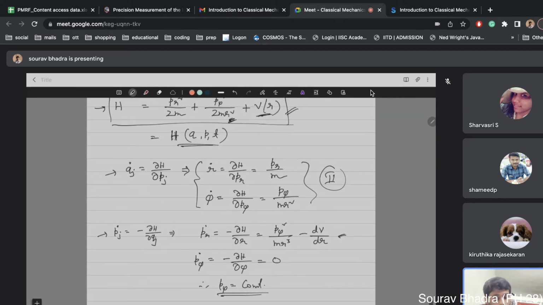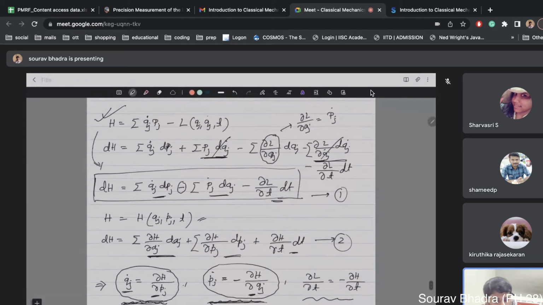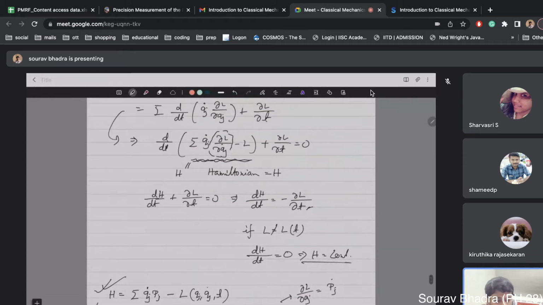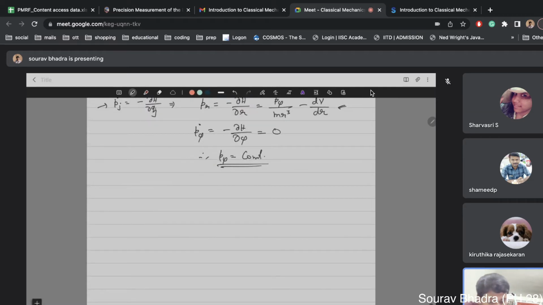Now in the derivation of the Lagrangian, here I have shown you that dH by dt equals minus del L by del t as a general thing. Okay, so dH by dt equals minus del L by del t.